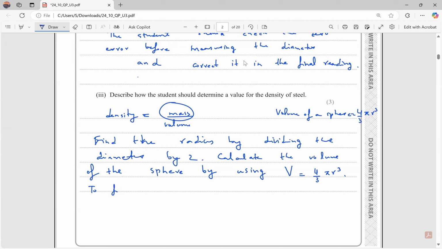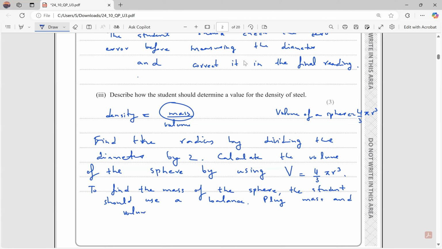To find the mass of the sphere, the student should use a balance and then plug the values, like plug mass and volume, and density is equal to mass over volume.